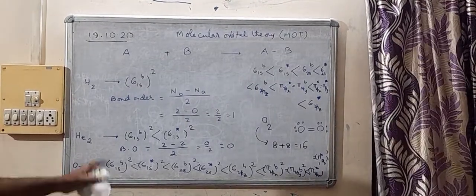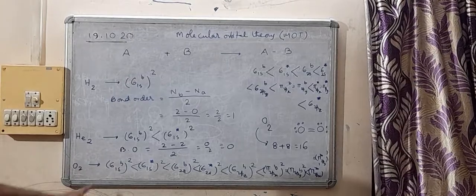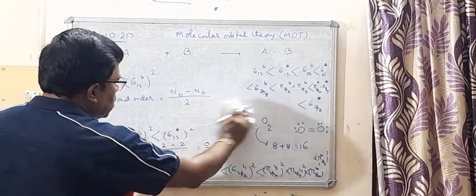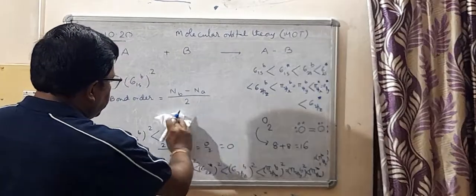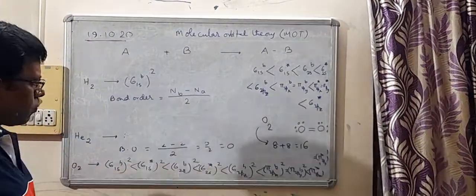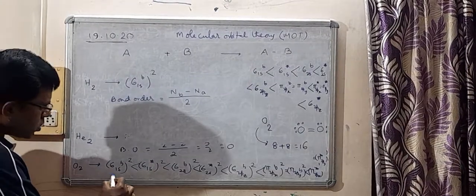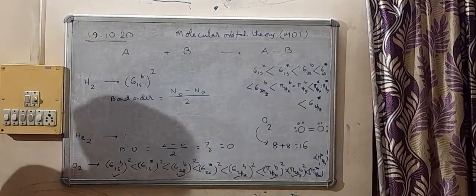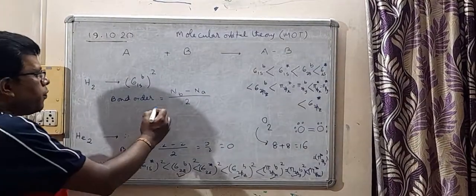So this is the molecular orbital electronic configuration of the O2 molecule, and now we have to calculate the bond order. How much bond order comes here? Let us write down which are the bonding electrons. This one, this one, this one, this one, this one. The bonding electrons are 10 in number.